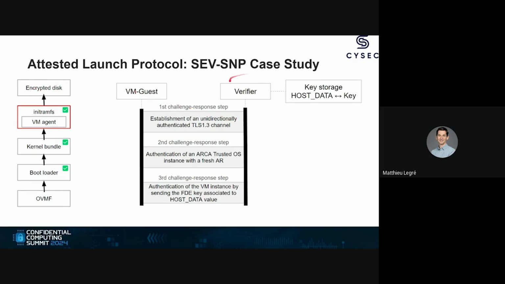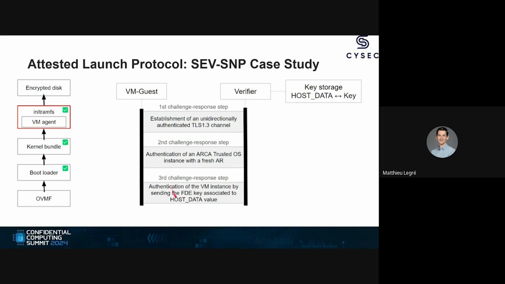This disk encryption can be done on-prem. And when there is disk encryption, there is a key storage where the key is stored and associated with an ID that, in the case of SEV SNP technology, we associate with a field called host data, and that can be attested by the attestation report.